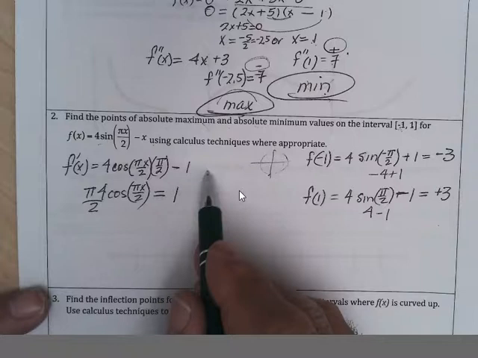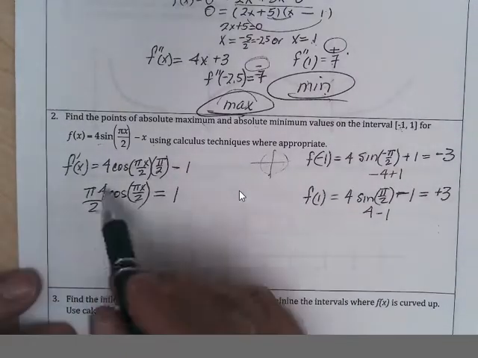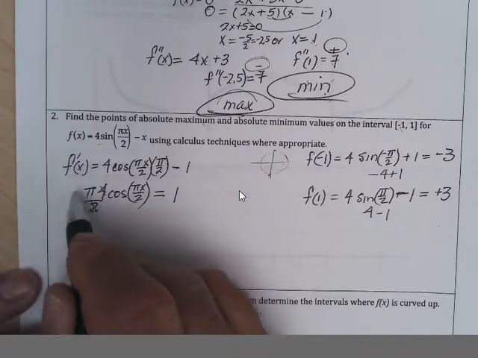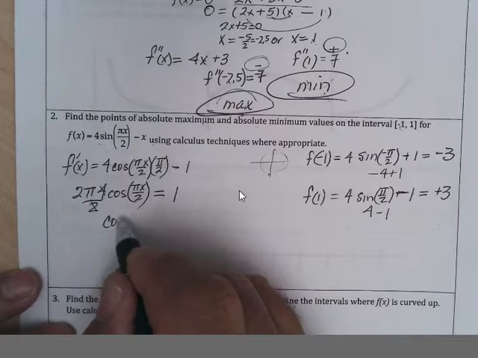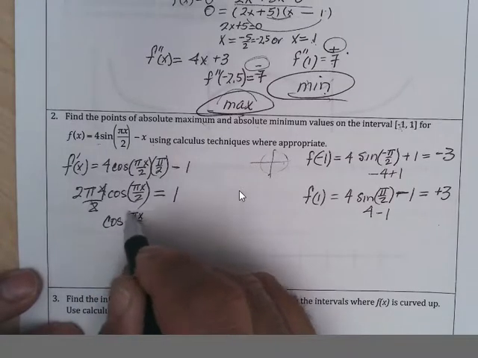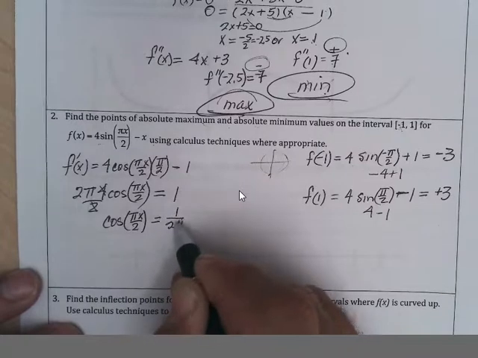If I set this equal to 0 and add 1 to both sides, I get this. This is times the cosine, so I'm going to divide both sides. This first reduces to 2 pi, so I'm going to divide both sides by 2 pi, and I've got cosine of pi x over 2 equal to 1 over 2 pi.